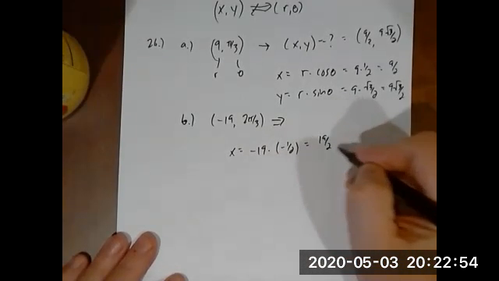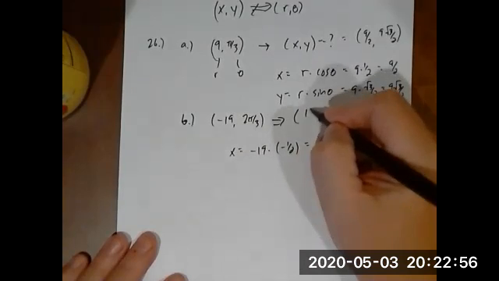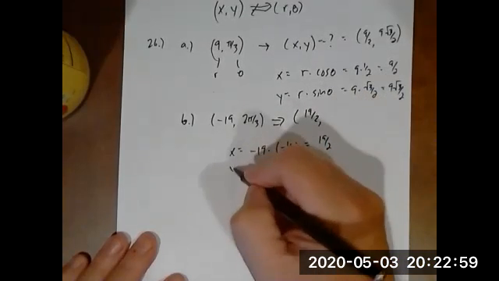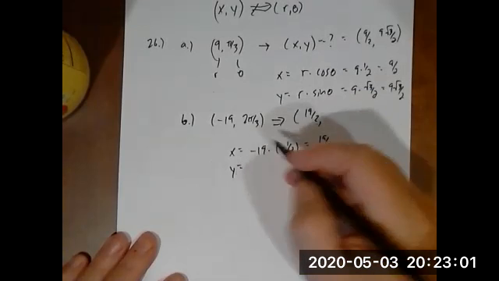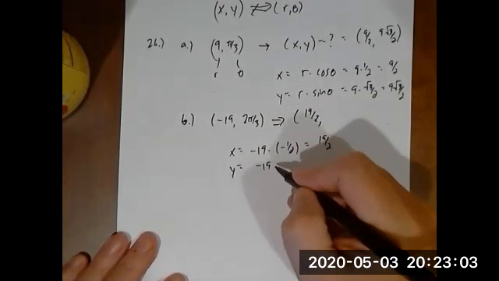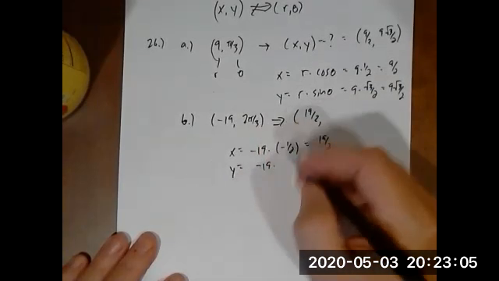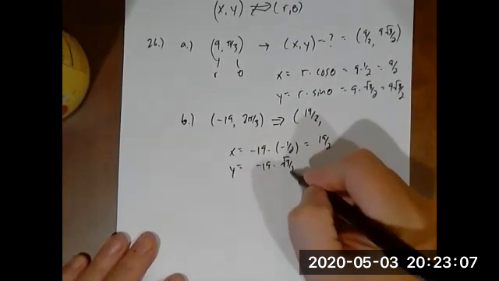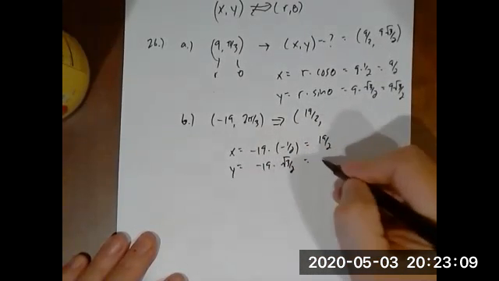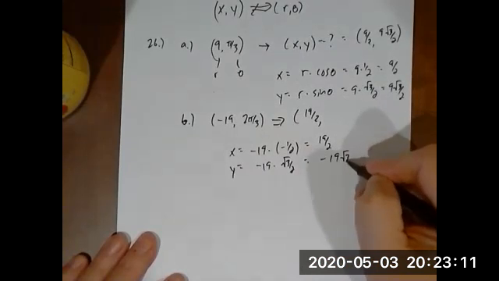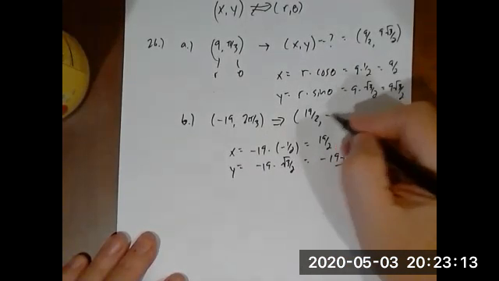So it's 19 over 2. So there's your x. And y is negative 19 times the sine of 2 pi over 3, square root of 3 over 2. So negative 19 square root of 3 over 2.